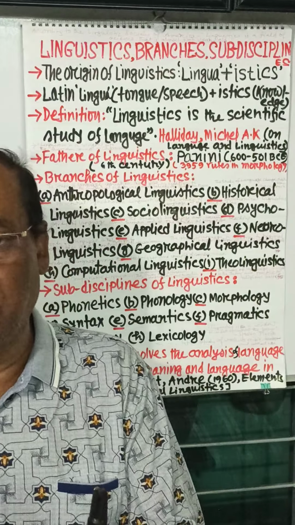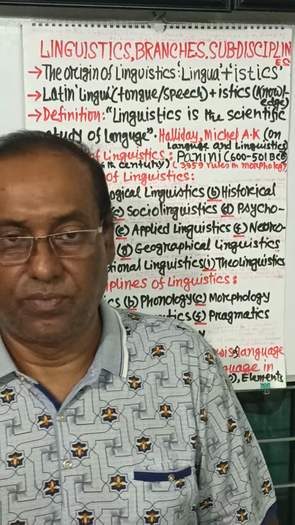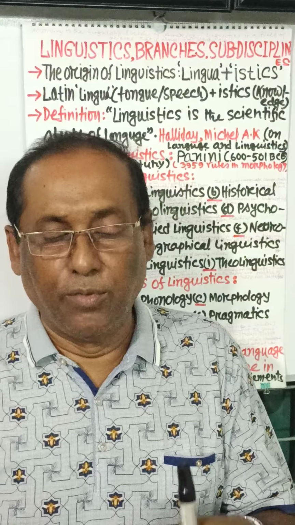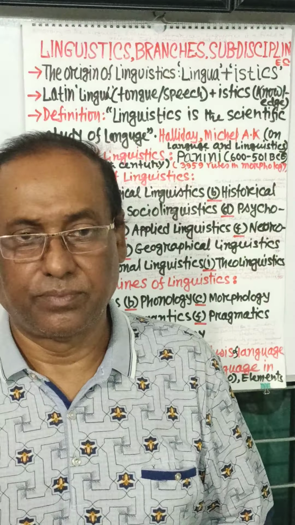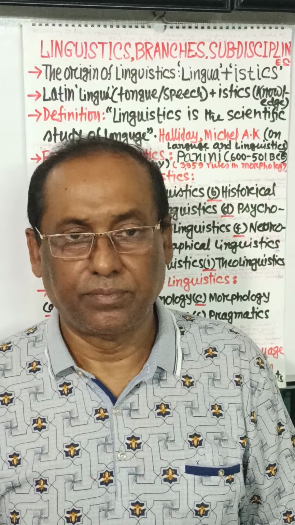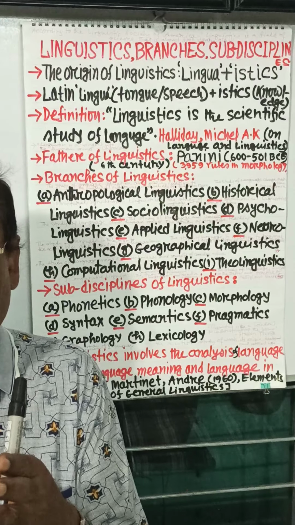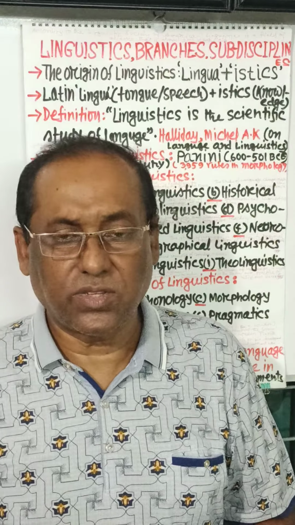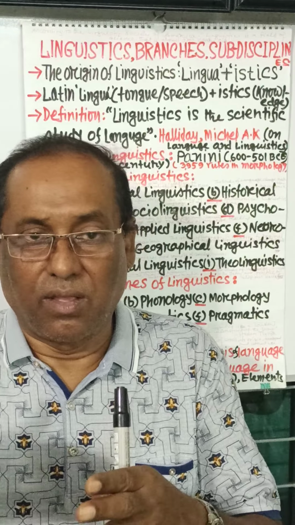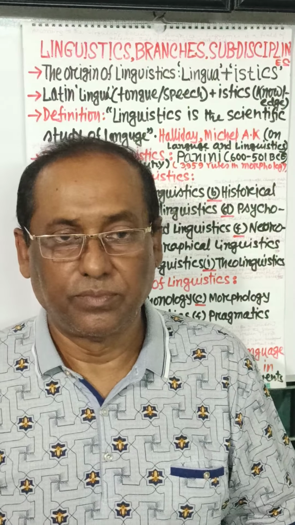Charles Darwin's theory of linguistics is based on the evolution of nature, biology, and according to Charles Darwin, linguistics flourished gradually through evolution.